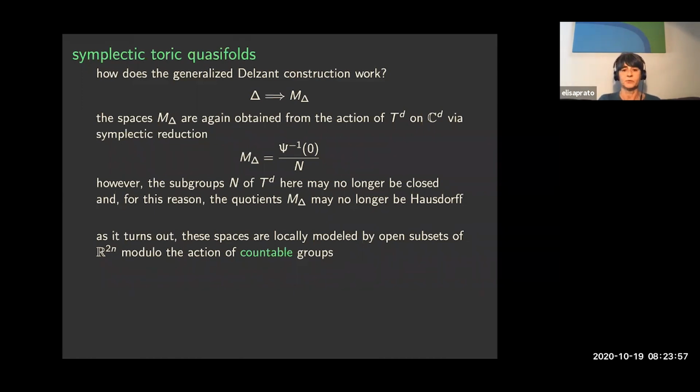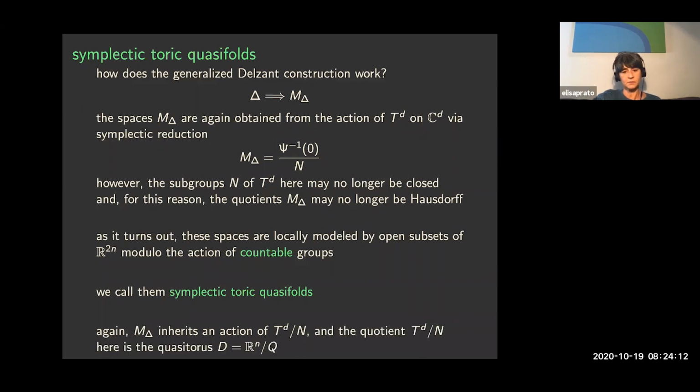In the case of orbifolds, these groups were finite, but in the general case, they are countable. And I named these objects symplectic toric quasifolds. And there is again the induced action of T^d mod N. And now the T^d mod N is the quasitorus R^n mod Q.